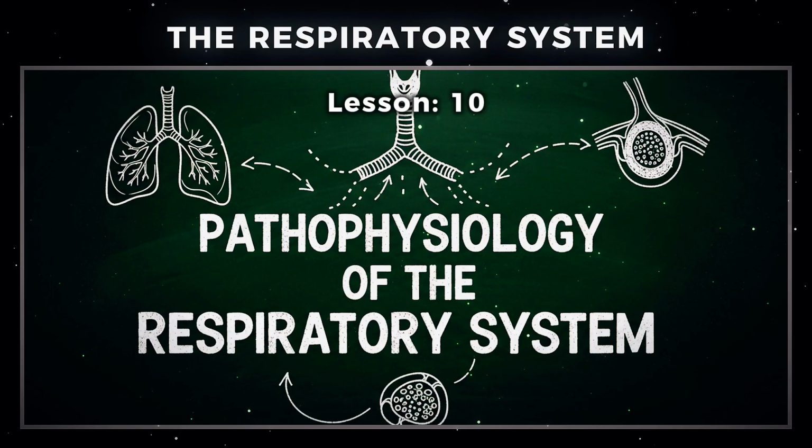We are going to look at the three main ways the system can be compromised. We will discuss obstructive disorders, where the pathways become narrow and difficult to navigate. Restrictive disorders, where the lungs lose their ability to expand. And gas exchange disorders, where the microscopic border between air and blood is breached.